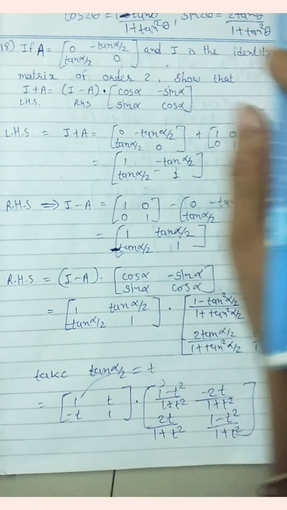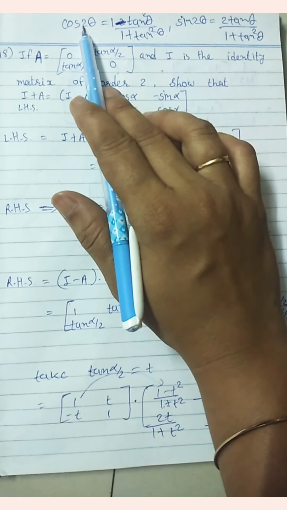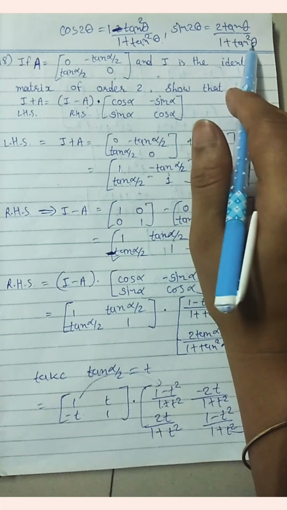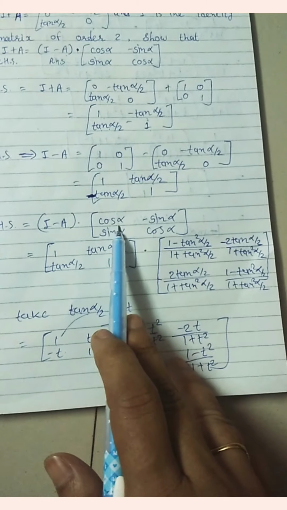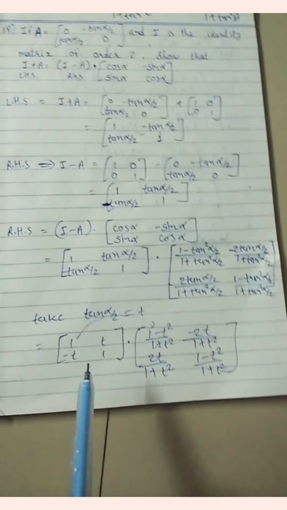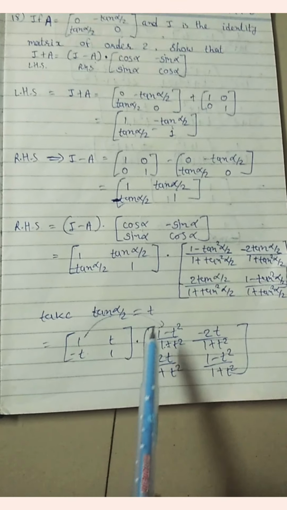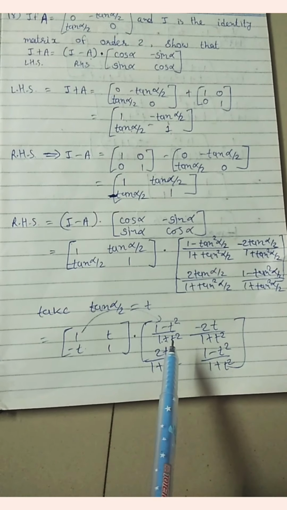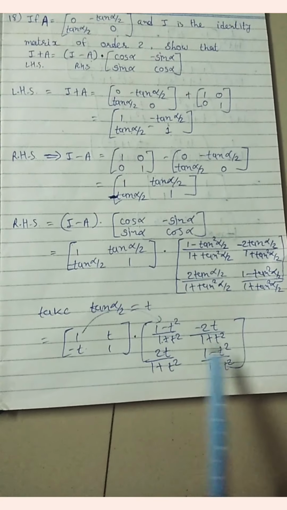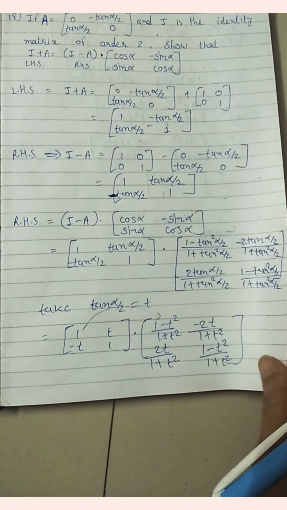The angle will be half of the angle with cos and sin. So here it is alpha, so I am writing alpha by 2 in all the places. Okay, then just take tan alpha by 2 as t and put all the values in t form. Then after you can derive that 1 plus t square is common from all the 4 places.